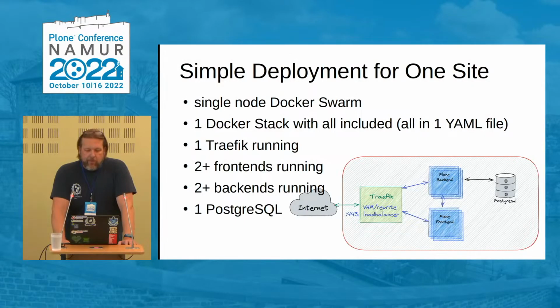These are the basics that you need. And then let's look at the simple deployment for one site. Let's say we have one virtual machine. We install Docker, do a Docker swarm init, and then we have a single node Docker swarm. Very simple. You can get this at some providers for like €4, and it's enough to run this for months.